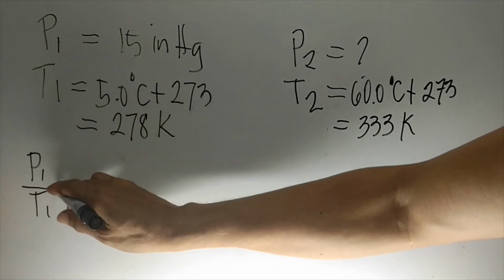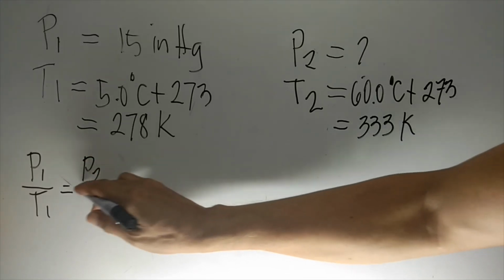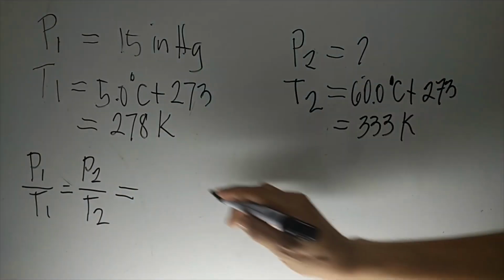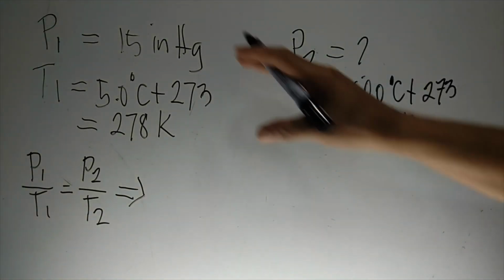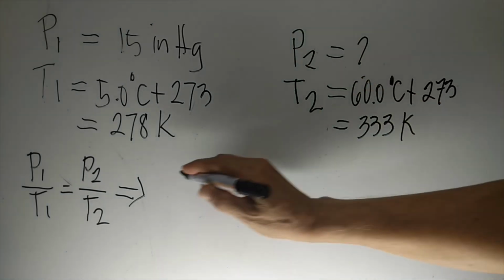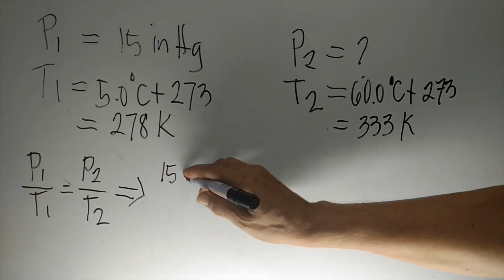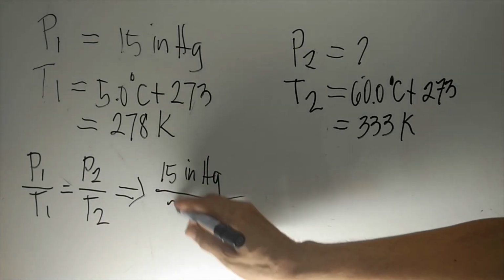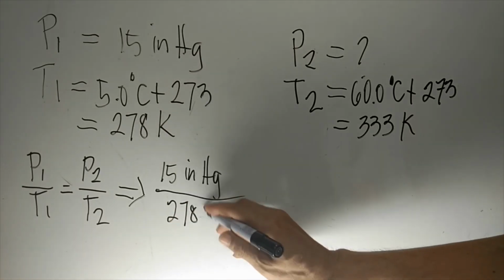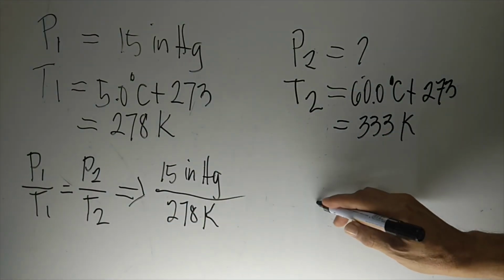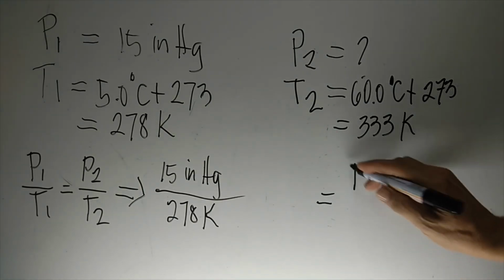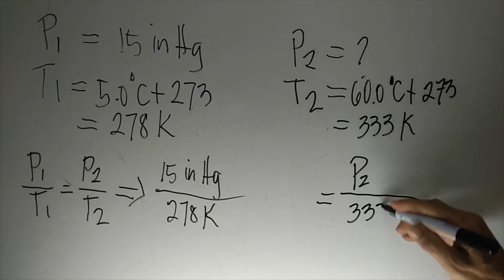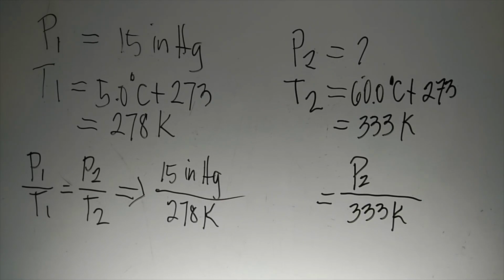The formula for Gay-Lussac's law is P1 over T1 is equal to P2 over T2. Substituting all the values to the formula, this becomes 15 inches of mercury over 278 Kelvin is equal to P2, which is the unknown, over 333 Kelvin.